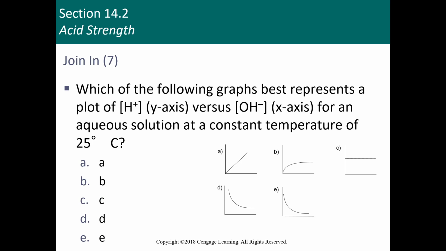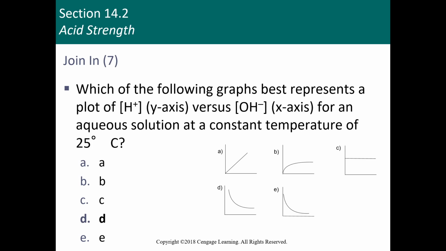Which of the following graphs best represents a plot of H plus on the y-axis versus OH minus on the x-axis for an aqueous solution at a constant temperature of 25 degrees? Sorry about that, I noticed I had the wrong one highlighted.